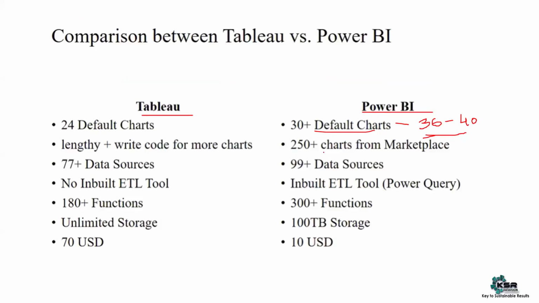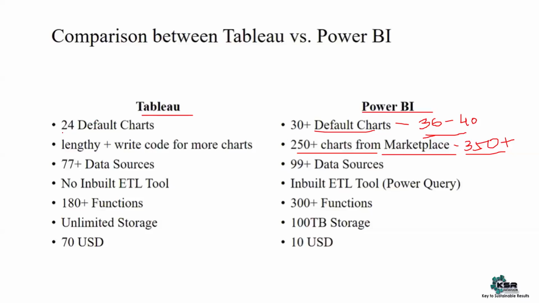If you want to use charts which are not part of these 36 to 40, there is a marketplace available. It's just like your Google Play Store or Apple App Store, where you can download external applications which are not part of your device. Similarly in Power BI, if you don't want the default charts, you still have the flexibility to go and download. There were 250 plus, but now there are 350 plus different charts available in the Power BI marketplace.